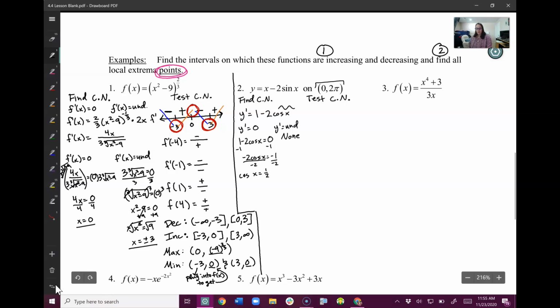And I do have a domain restriction here from 0 to 2 pi. So I want all the places where the cosine value is going to be 1/2 from 0 to 2 pi. So that looks like it's going to be pi thirds and 5 pi thirds.